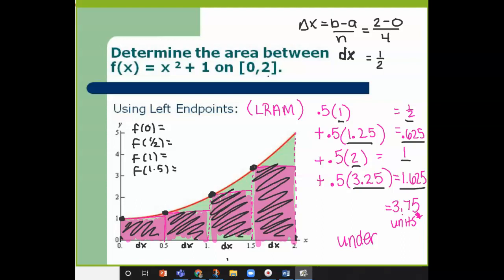Summing up all 4 rectangles, we get that the approximate area under that entire curve is 3.75 units. Like our linearization, this curve is concave up and increasing. Since it's concave up and increasing, all of my left Riemann sums are going to be underestimates. So that 3.75 units is an underestimate.